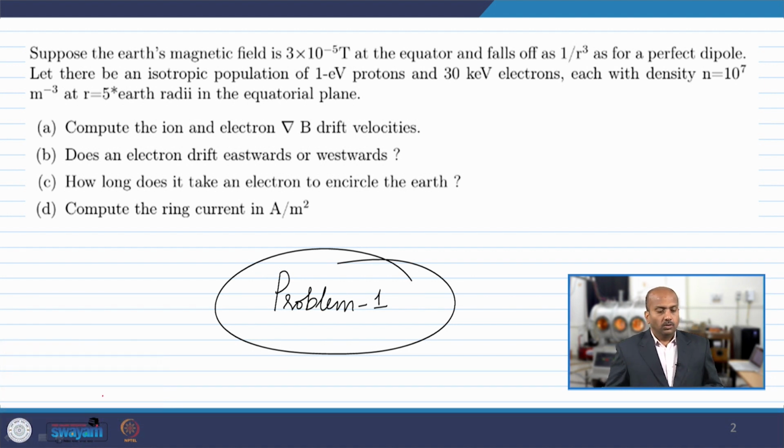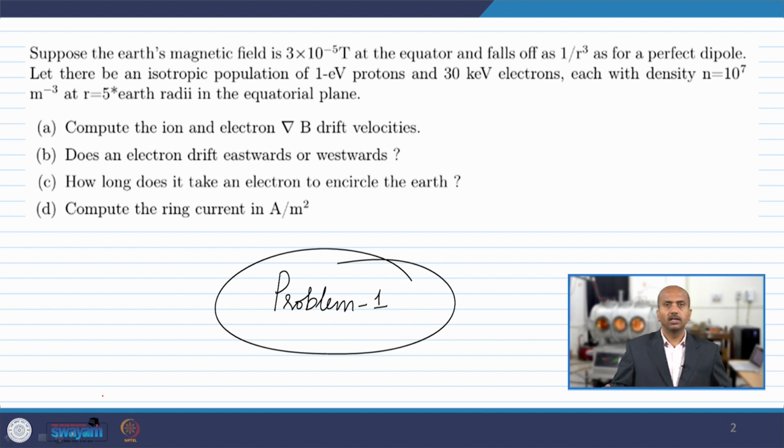Okay. So, the given question is, suppose the Earth's magnetic field is about 3 × 10⁻⁵ Tesla at the equator and falls off as 1/r³ as for a perfect dipole. So, that means the magnetic field of the Earth at the equator is given, and as you move away from the center, it falls off as 1/r³, where r is the distance from the center, like a perfect dipole.